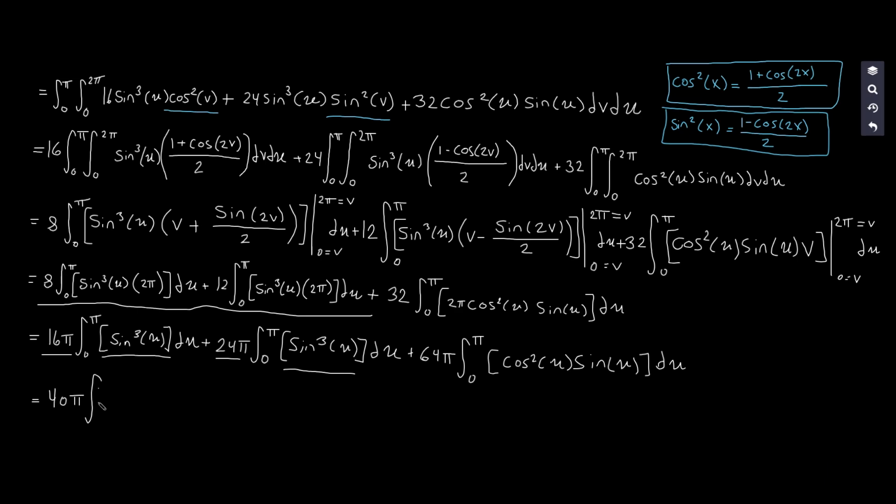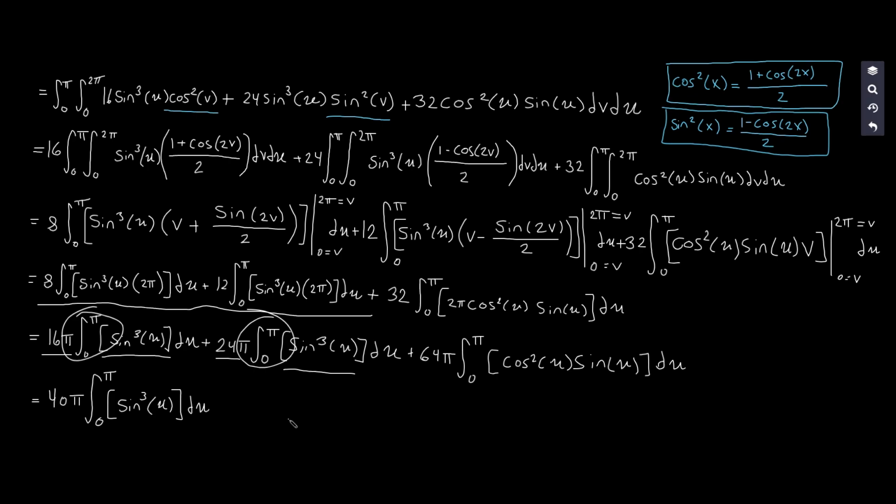And now those integrands are the same, right? The bounds of integration are also the same, which is huge. So we have 40 pi times the integral from 0 to pi of sine cubed of u, integration with respect to u.